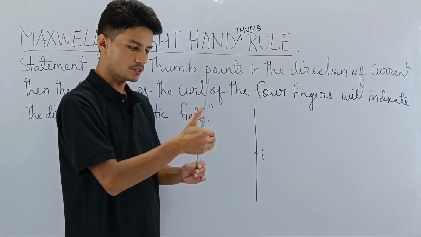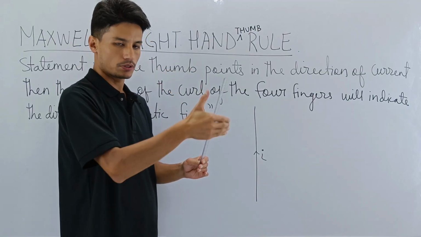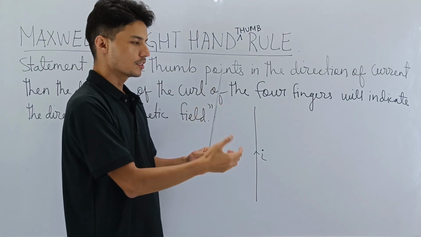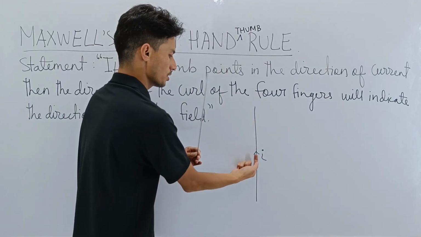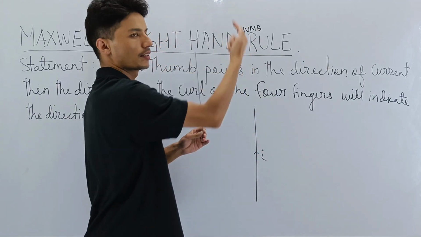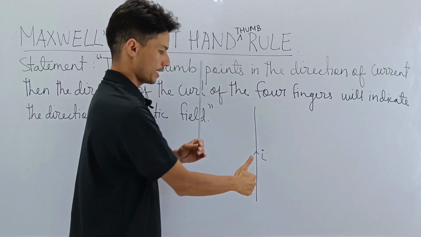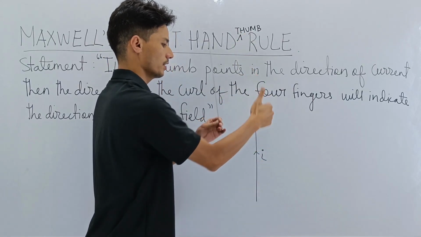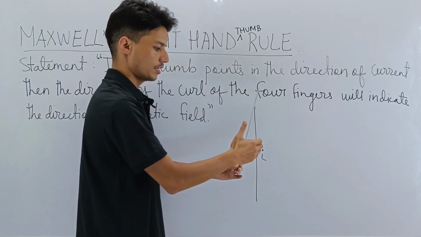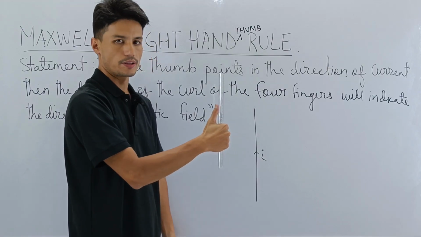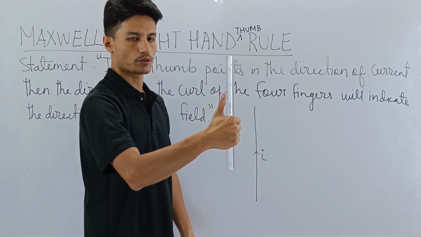So I should be holding like this, with my thumb pointing towards the ceiling, because current is going towards the ceiling. So this is the right orientation to hold.